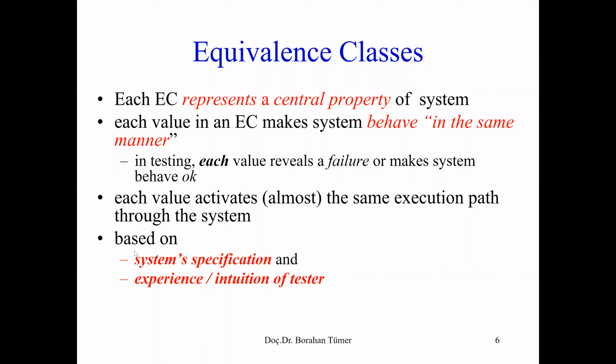Equivalence class is based upon the system specification and it is based upon the experience and intuition of the tester. The quality of the black box testing is dependent upon the experience and intuition of the tester, and the system specification document is the document that is referenced by black box testing.